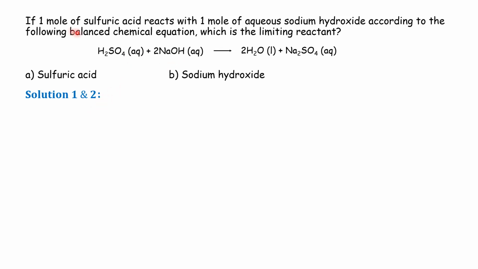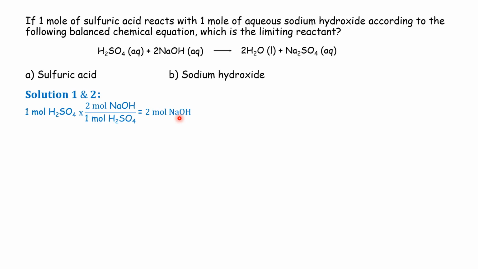We start with what we know. For example, we know 1 mole of sulfuric acid. We start from there. So now we convert from moles of sulfuric acid to moles of sodium hydroxide, moles A to moles B, using the coefficients in the balanced equation as a conversion factor. So this gives us 2 moles of sodium hydroxide.